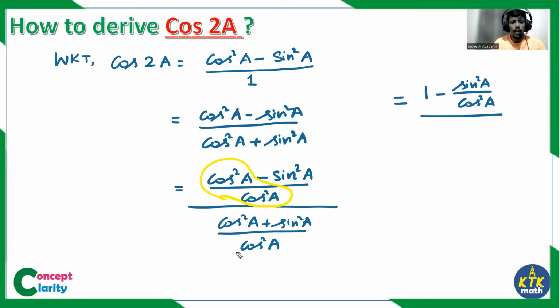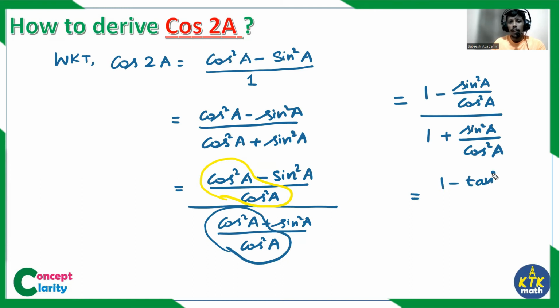Now, in this very similar way, here also cos square A by cos square A will be 1, and plus sin square A by cos square A. Now we know what is sin A by cos A. So that's all your identity for cos 2A in terms of tan. So tan square A. That's it. Okay, so cos 2A in terms of tan is 1 minus tan square A by 1 plus tan square A. So you can take this as equation 4.